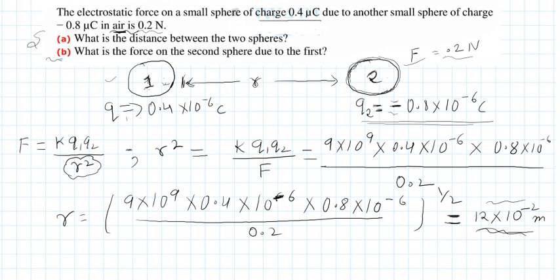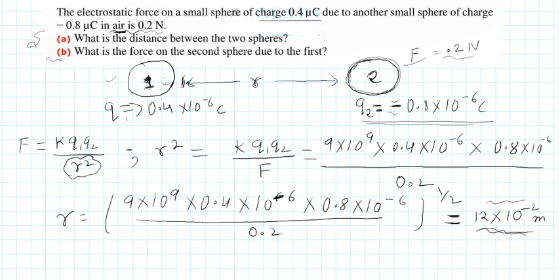And second, what is the force on the second sphere due to the first sphere? As the statement says, the first sphere experiences a force of 0.2 Newton due to this sphere.